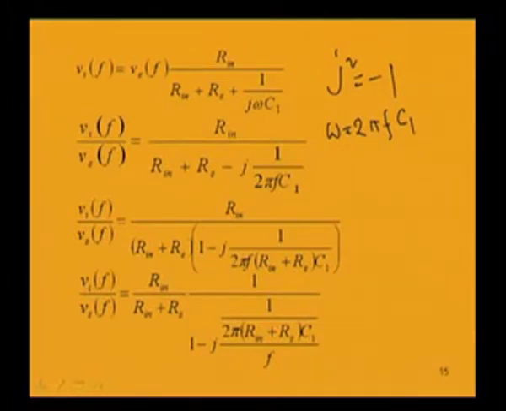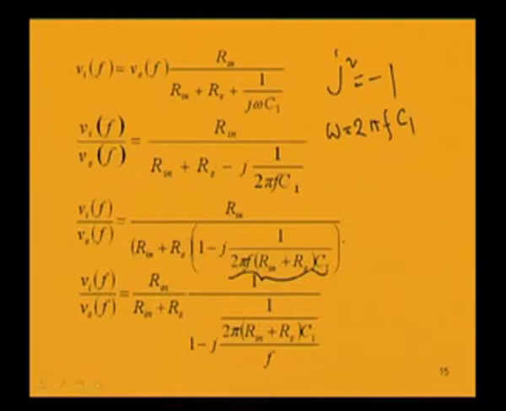So that can be further written as Rin by Rin plus Rs into 1 by 1 minus j. I write 1 by 2 pi (Rin plus Rs) whole term in the numerator, keeping this C1, and keeping only f in the denominator. This f is in the denominator only. I can write this one as this one.